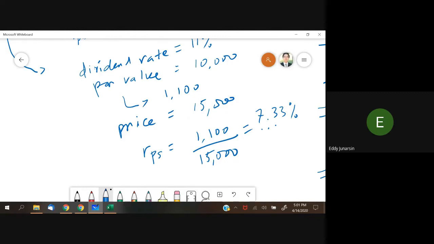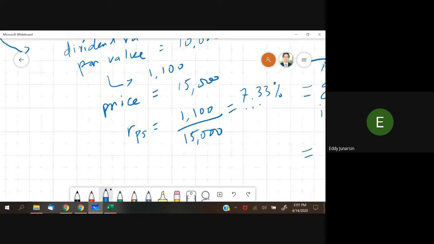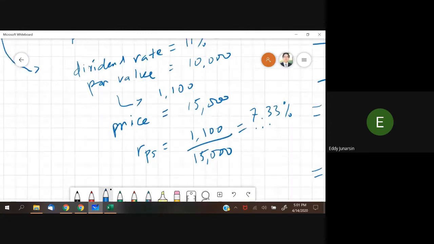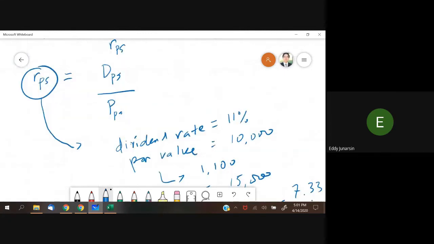Okay, so quite straightforward, right? So again, the required return by preferred stockholders is the cost of preferred stock to us as a company.